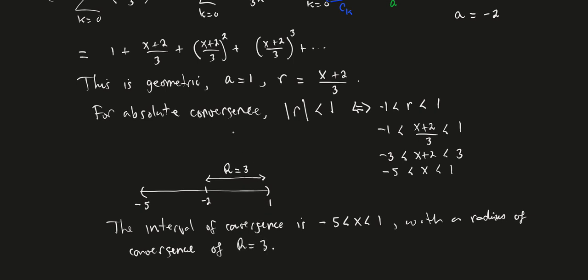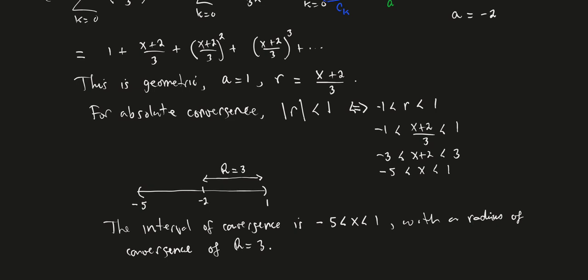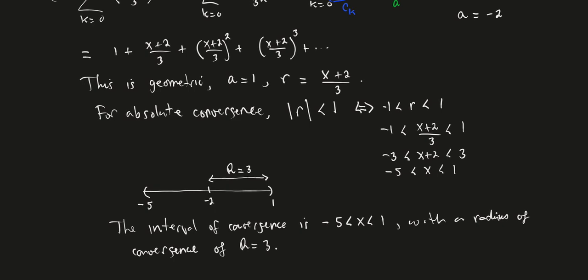And we got that because this was geometric. So we got to use everything we know about the geometric series. It's helpful because essentially our test for the geometric series gives us the interval of convergence.